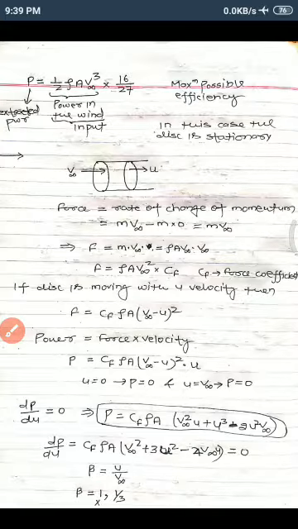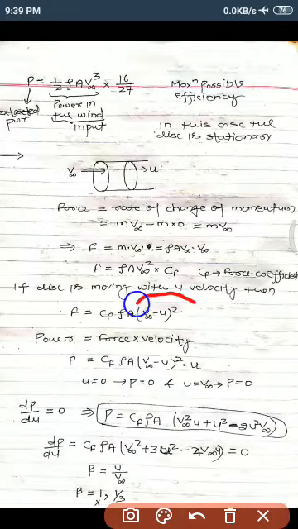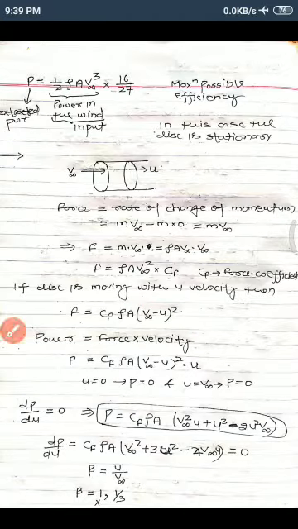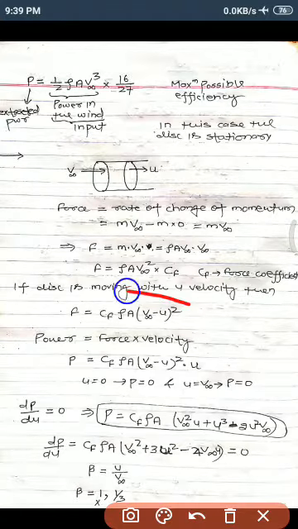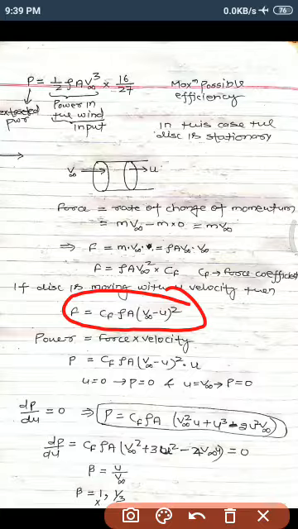Then we consider the velocity of the disk, and the relative velocity of the wind becomes V∞ minus small u, so we place V∞ minus u in place of V∞. Then total power can be calculated as force into velocity, so we multiply with u, the velocity of the blade.